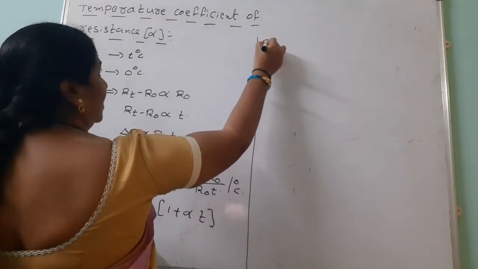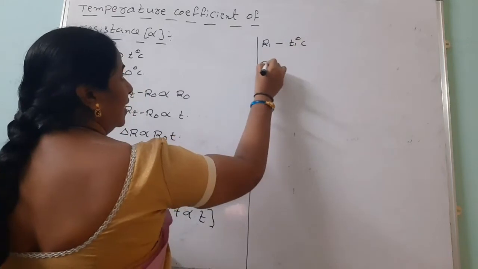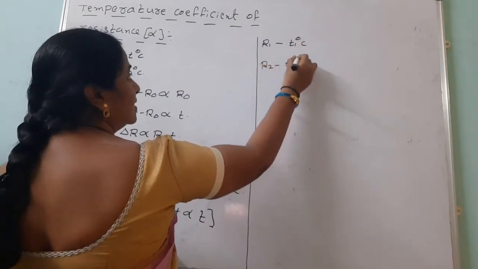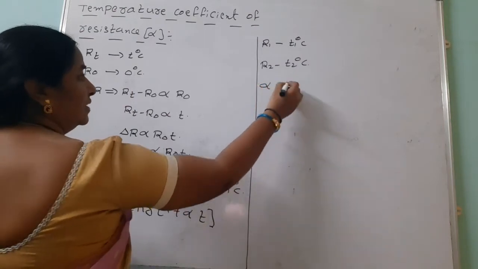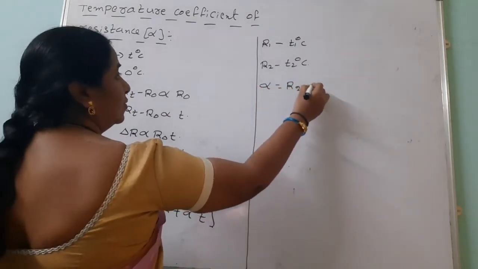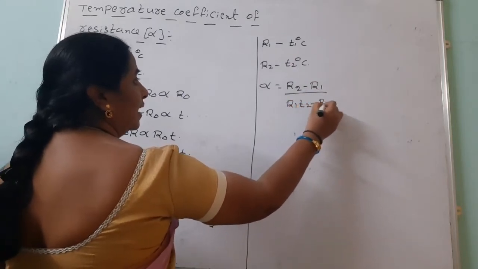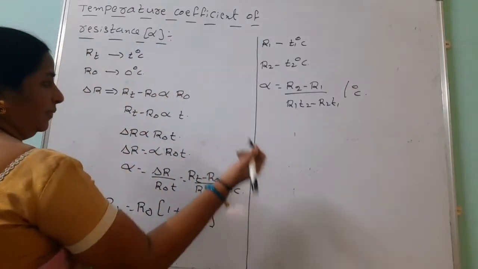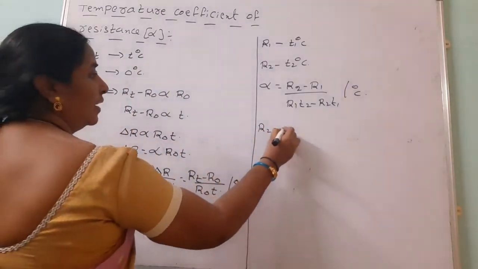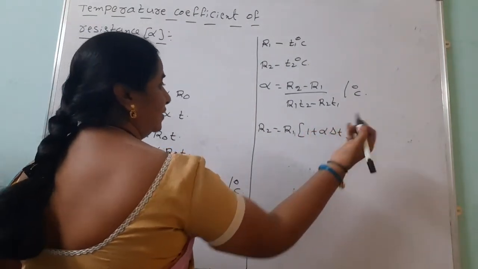Suppose they are giving R1 as the resistance at T1 degree centigrade and R2 as the resistance at T2 degree centigrade. At that time the temperature coefficient of resistance we should write as R2 minus R1 by R1 into T2 minus T1. As usual, this is per degree centigrade. Here R2 equals R1 into 1 plus alpha into change in temperature.